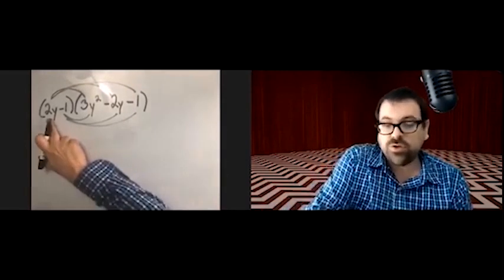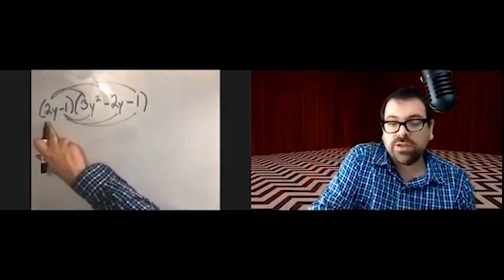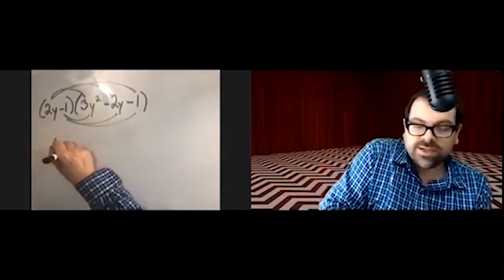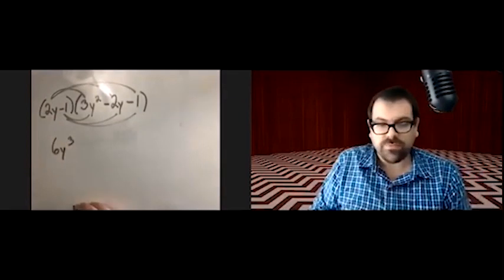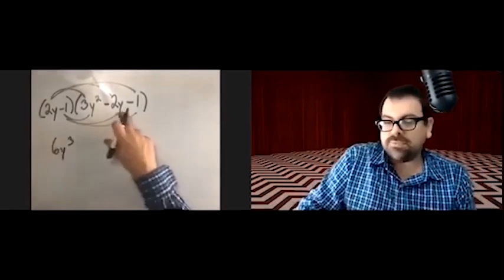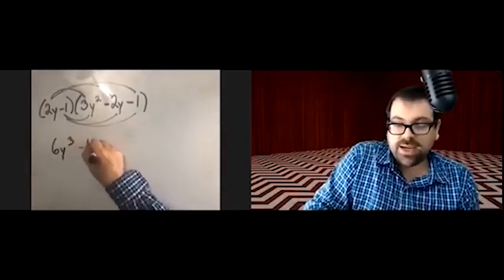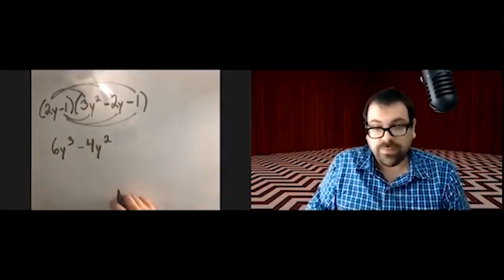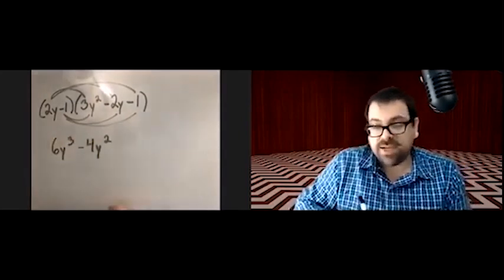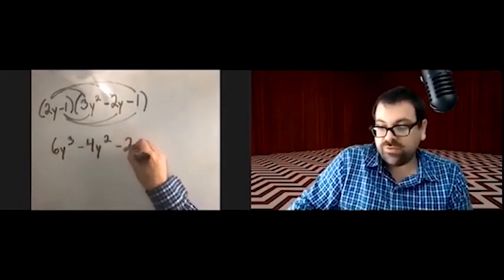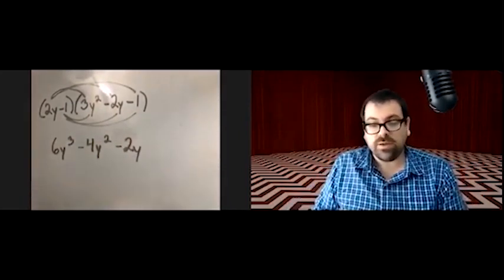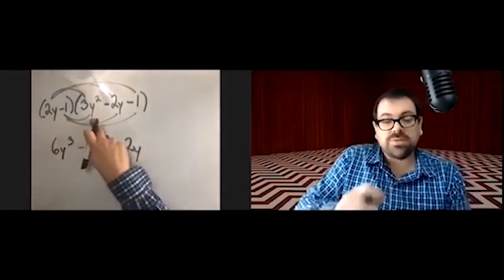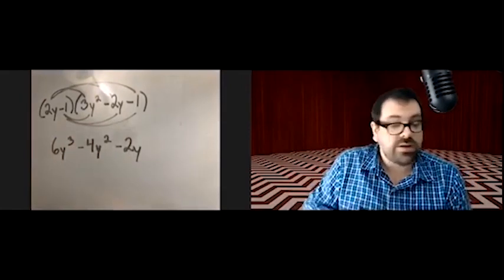Here, I'm just going to go 2y times everything. 2y times 3y squared is 6y cubed. 2y times negative 2y is negative 4y squared. 2y times negative 1, negative 2y. Now I'm going to come here. Negative 1 times positive 3y squared.